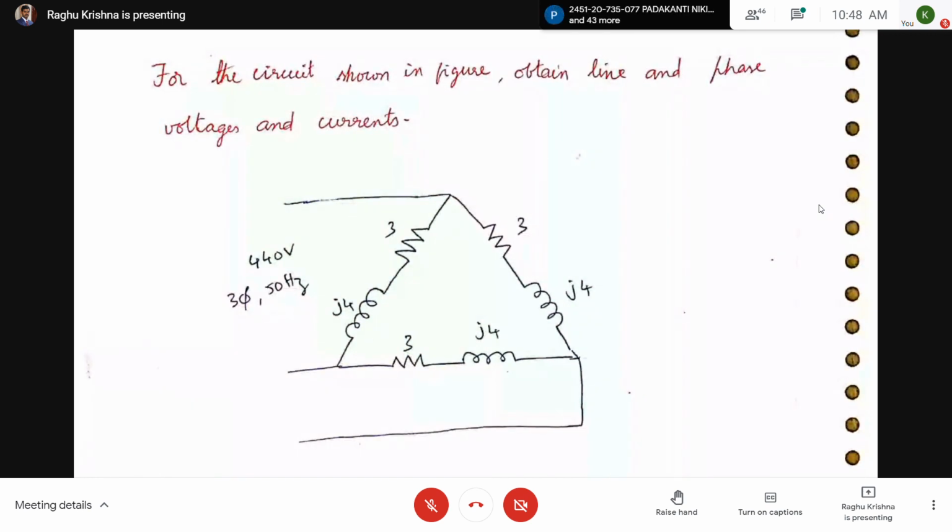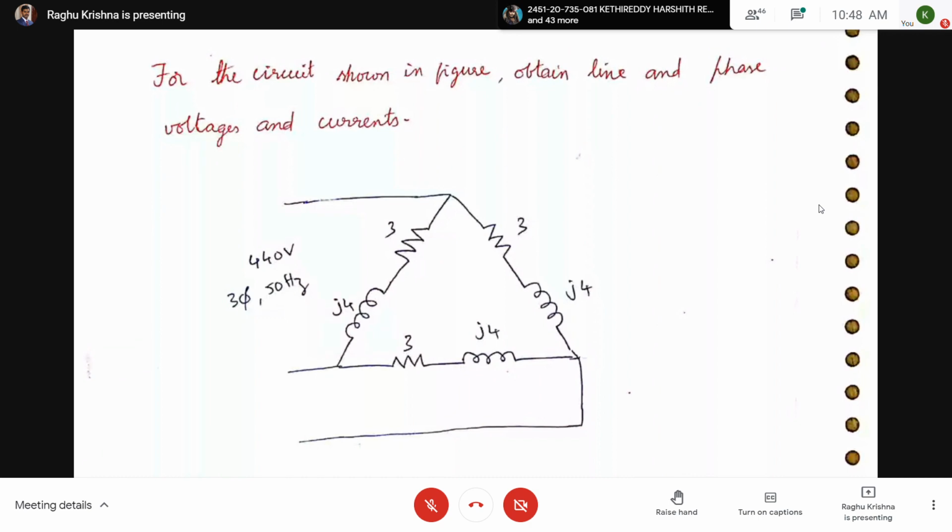IL equals I phase, sir, both are the same. This is delta connection. Okay, here this is the delta connection. In a delta connection, line voltage and phase voltage are equal, but line current is different from the phase current, right? Line current means it is flowing in the line.